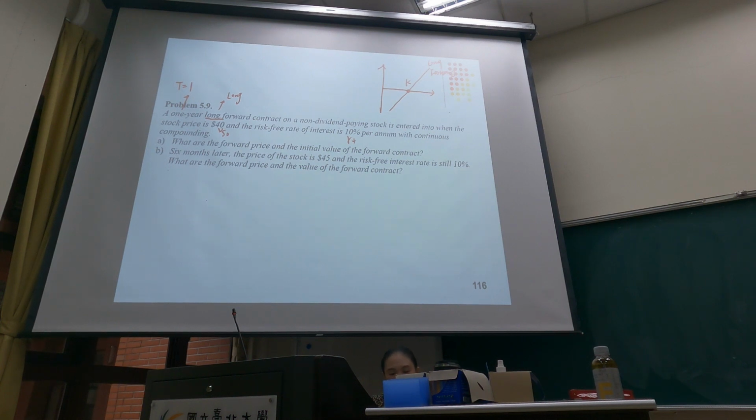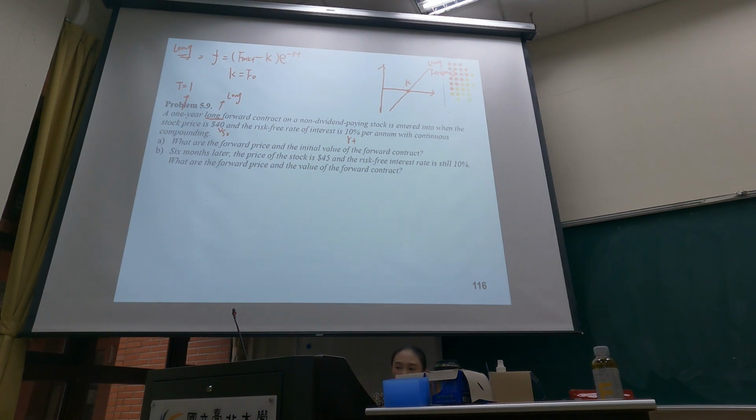So when you have a long position, your F would equal F market minus K, times e to the minus rT. That's our formula for long. Write it down. And K equals F0. Any questions?